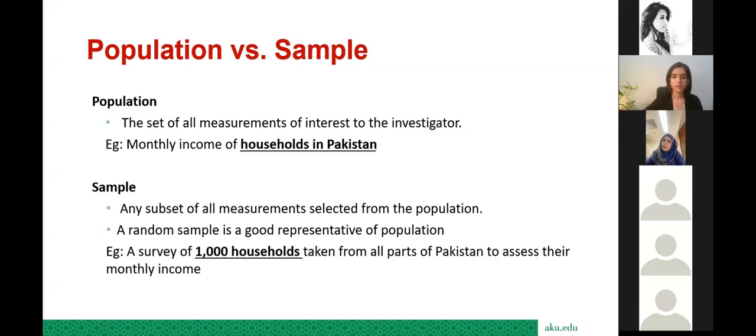So ultimately our goal is to take the information coming out from that population on which you want to extrapolate, or in other words, generalize your results.